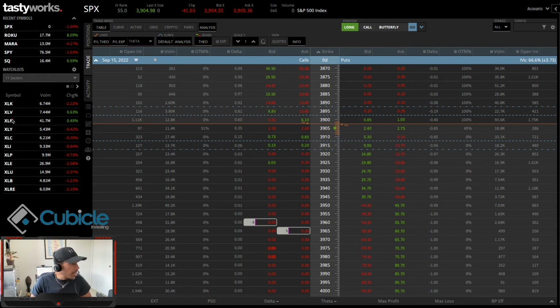So the other sector of the S&P 500 is XLV, or the healthcare sector, right? And the healthcare sector is actually in the green, but it's only slightly in the green. That's the next ETF that has the next largest weight, or the next largest impact on how the S&P 500 moves.